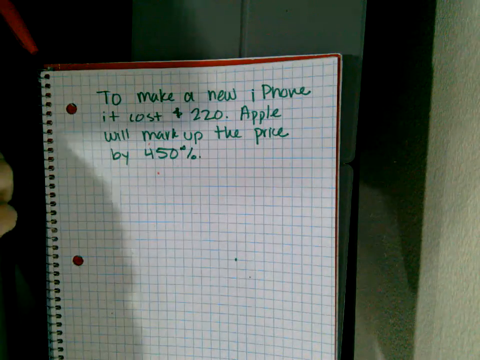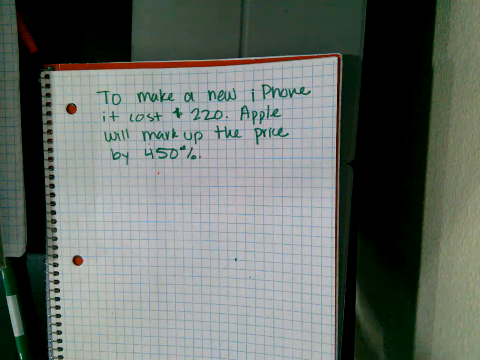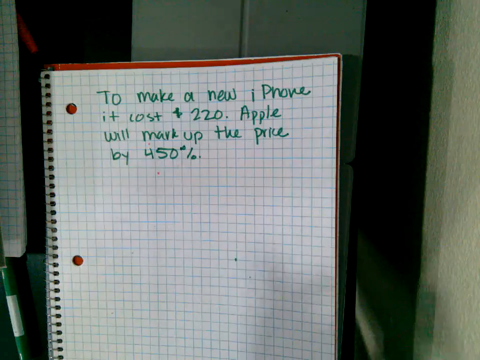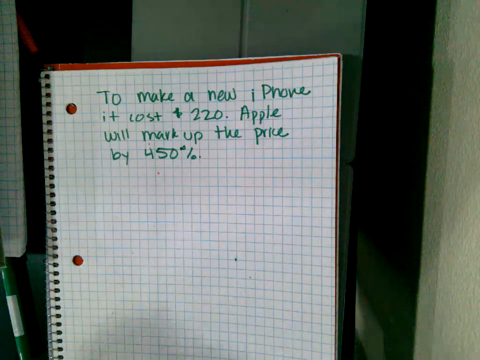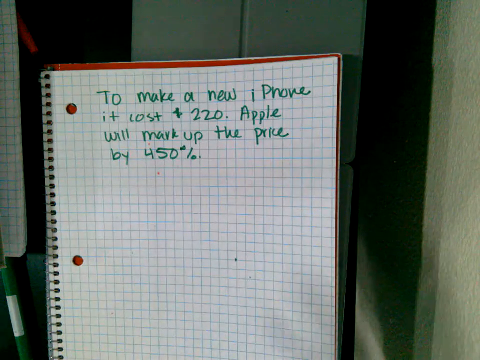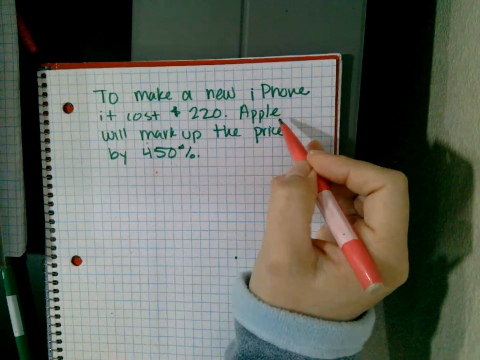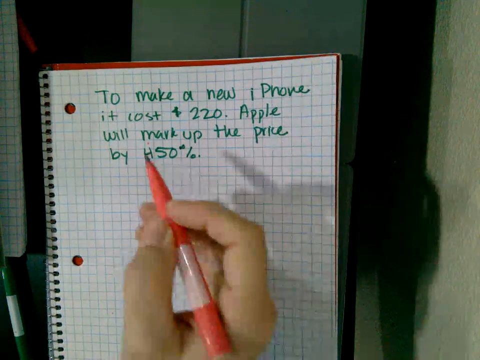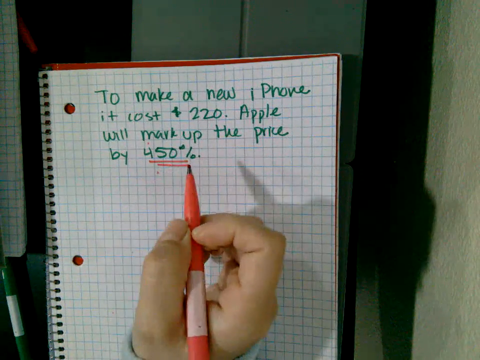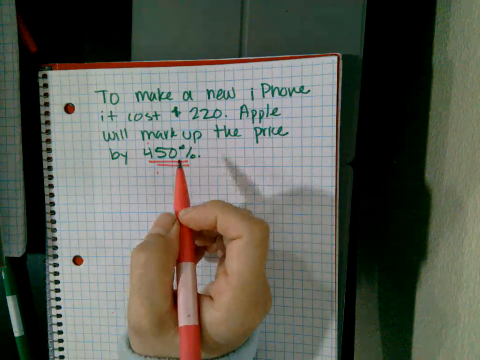So I'm just guessing, total guess, that to make this iPhone, the parts, the camera, the lens, the glass, all the circuits inside, I'm just going to say $220. Totally guessing. But because everybody wants a new iPhone, Apple knows that it can increase it by 450%, a ridiculous amount of money. The percents are huge when it's markup.